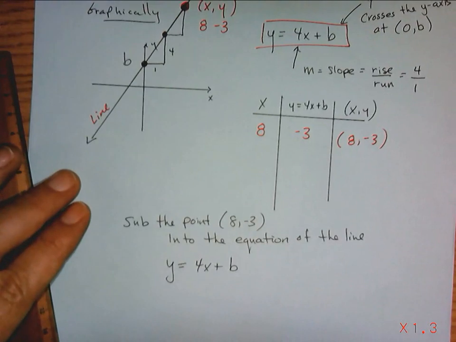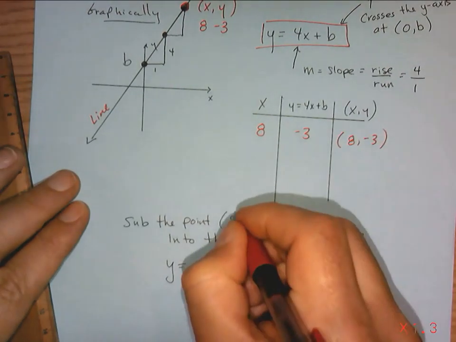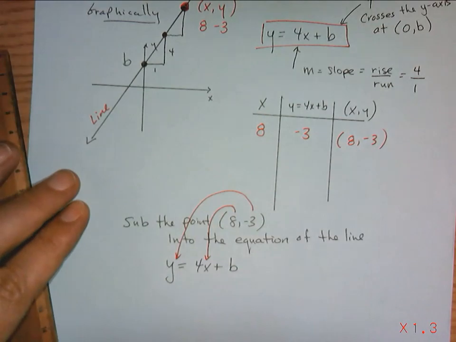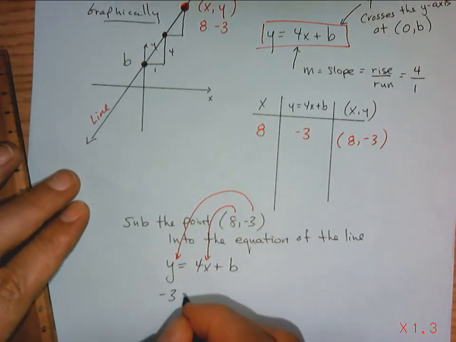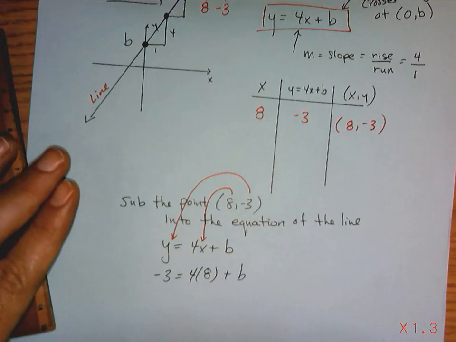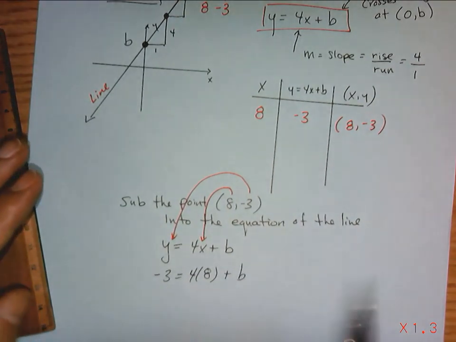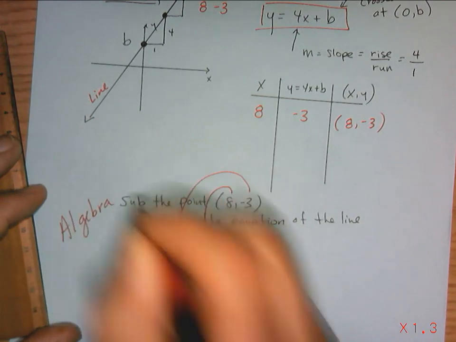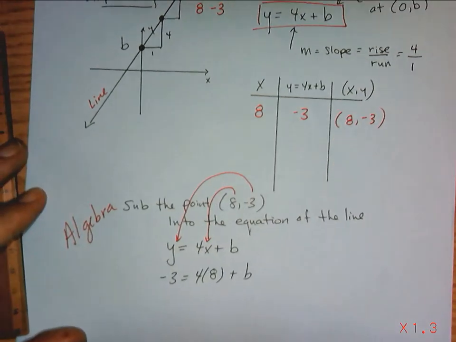What that's going to give us is we're going to take the 8 for the x, put it in. We're going to take the negative 3 for the y and put it in. Now we have an equation that we can isolate for b. This is algebra. This is the algebra of the situation.